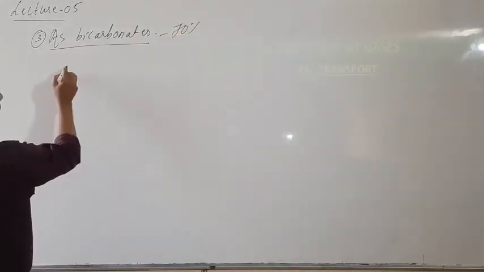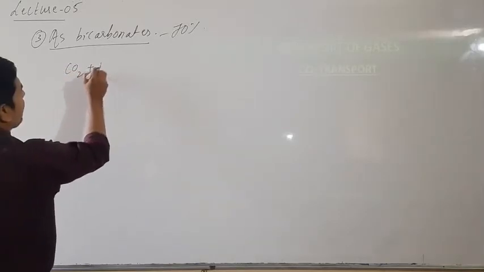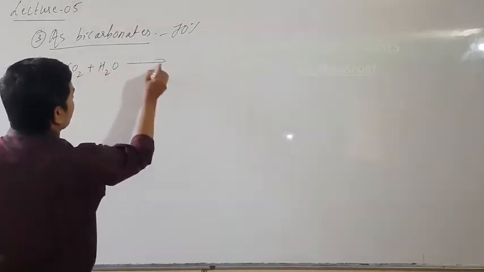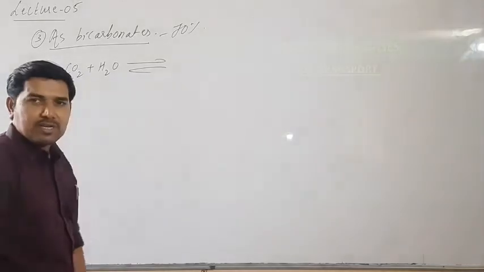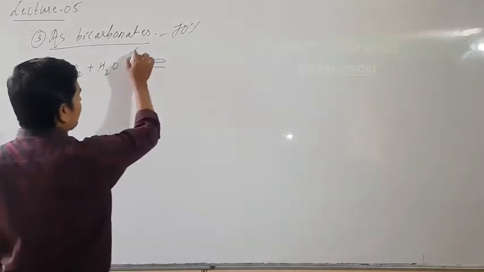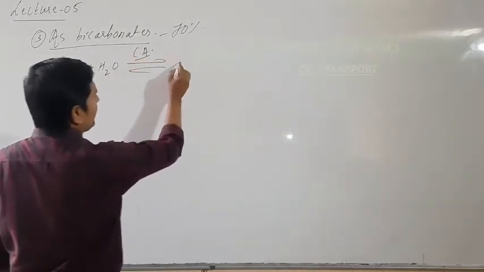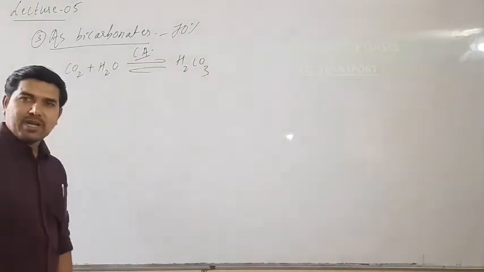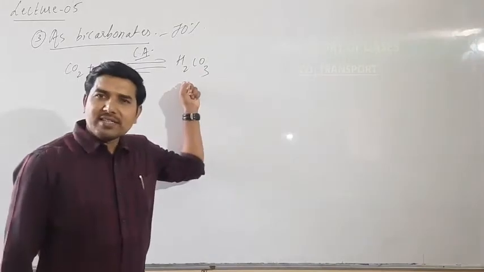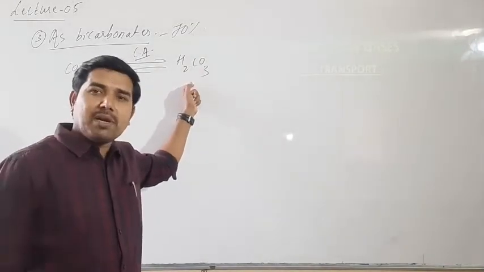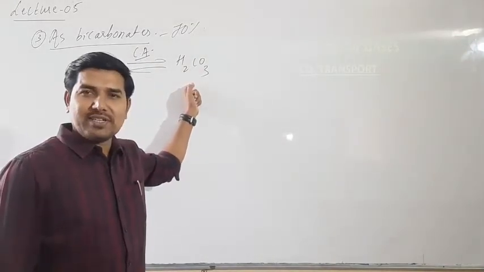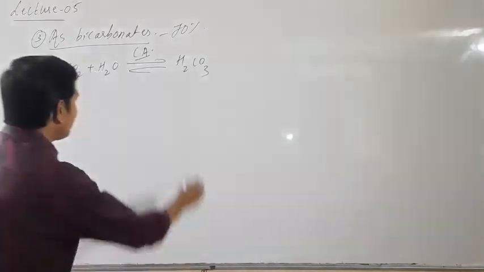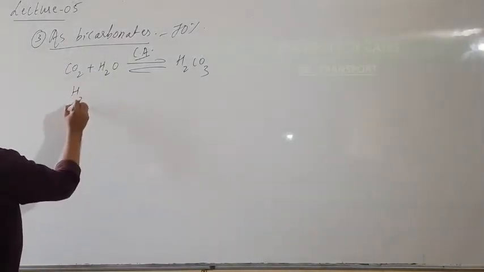How exactly it occurs? Carbon dioxide will combine with the water in presence of an enzyme called as a carbonic anhydrase. Carbonic anhydrase. Then it forms into H2CO3, which is called as a carbonic acid. This carbonic acid, which is formed, is an unstable compound that readily dissociates into H plus and HCO3 minus ions.